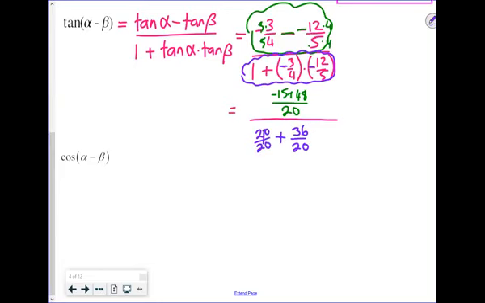Okay, so now I'm going to keep, change, flip. So this numerator is negative 15 plus 48, negative 33. No, it's not, positive 33. Good grief. 33/20.